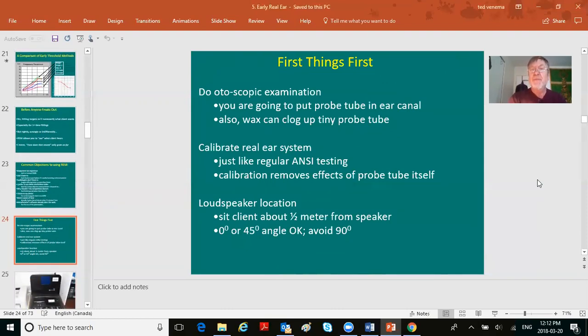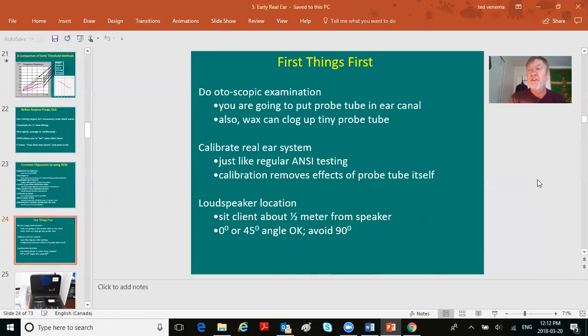First things first, do an otoscopic exam. You're going to be putting a probe tube in someone's ear canal. Anytime you're putting something in someone's ear canal, you've got to look in first. So take a good peek at what you see, and also remember that wax can clog up a tiny probe tube just like that.